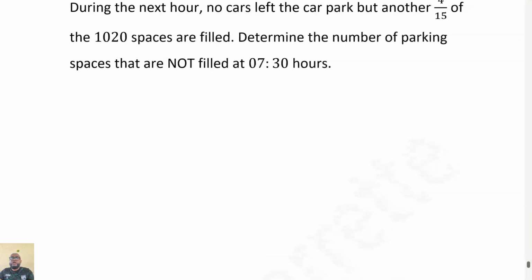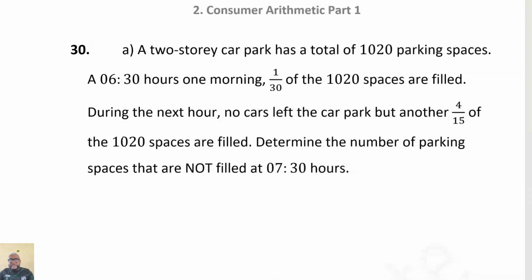Right? So let me deal with the 1/30 that was filled first. It will be 1/30 multiplied by 1,020. How many car park spaces will this be? 34 spaces, right?